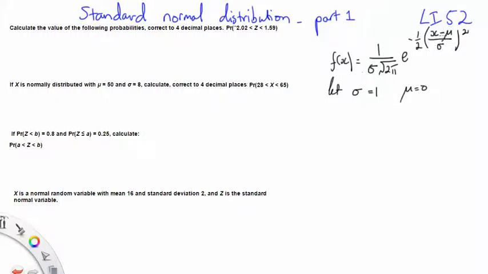So let's set values for each of these, and that makes it look a bit nicer. You get f of x equals 1 on the square root of 2 pi e to the power of -x squared on 2.